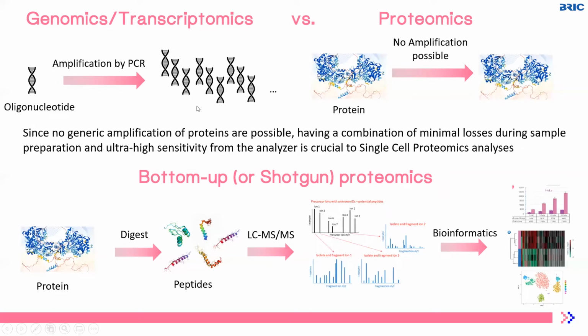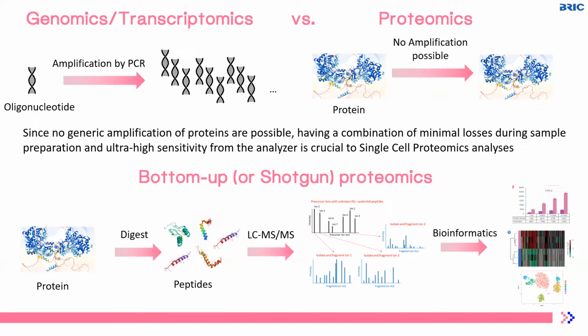So as you know, in genomics and transcriptomics, we benefit from the presence of PCR. We can amplify any oligos, so we don't have so many issues with sensitivity and the presence of very low material in the starting sample. In the proteomic field, it's not possible to amplify proteins.